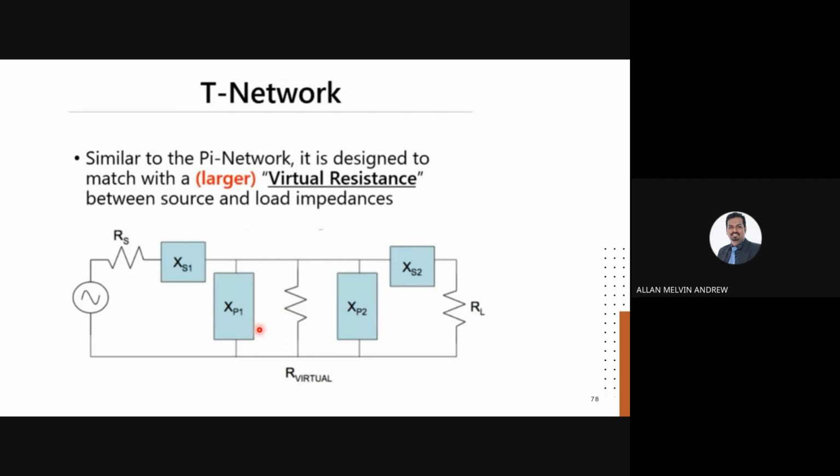Earlier, in the pi network, the elements on top are connected in series, so you have a much lesser virtual resistance. But for the T network, it is connected in parallel to the virtual resistance, so you must have a larger one. If you have a smaller virtual resistance, then the circuit cannot function properly.